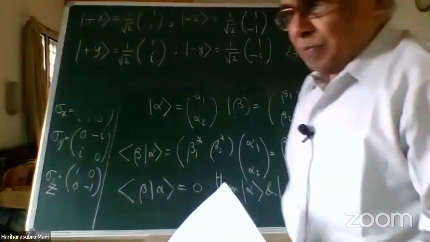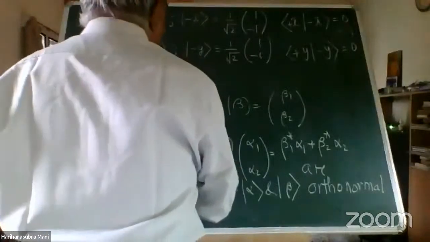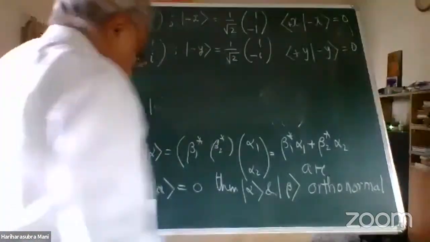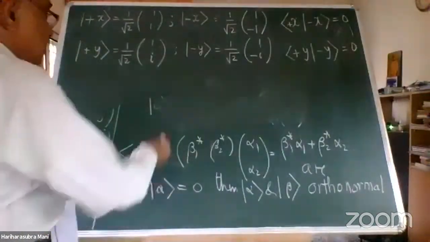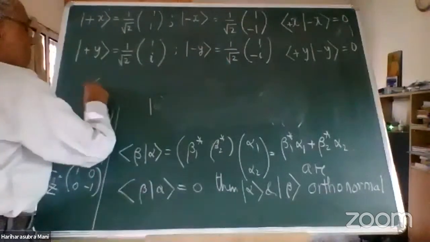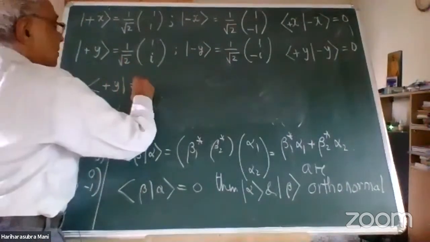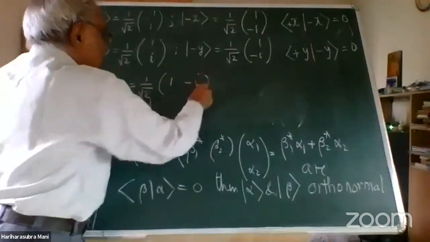For example, let me just verify one. Let me verify the second one. What is +y? I have to take this, 1 by root 2, 1, minus i.